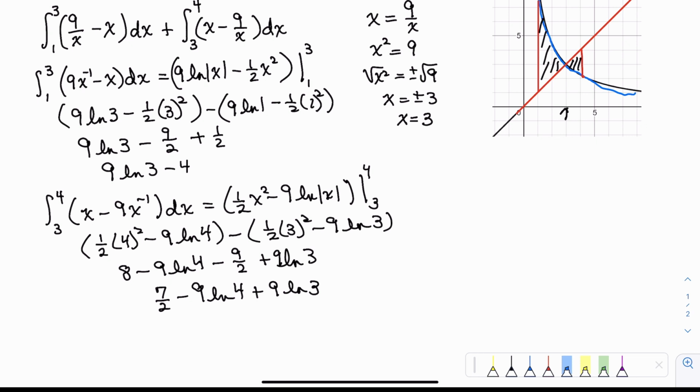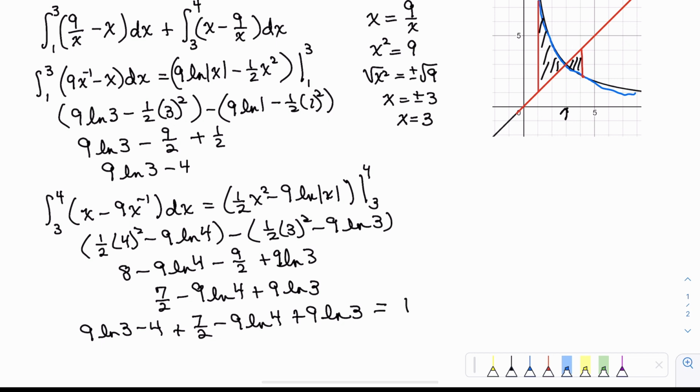When we add these together, we take our 9 natural log of 3 minus 4 and add it to 7/2 minus 9 natural log of 4 plus 9 natural log of 3, and we get a value of 18 times the natural log of 3 minus 9 times the natural log of 4, and then minus 1/2.